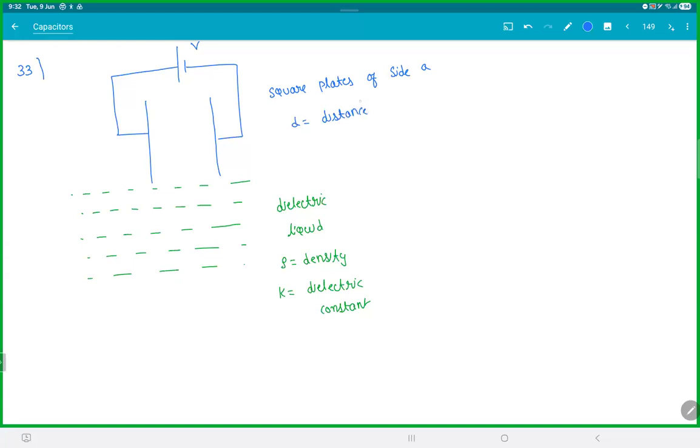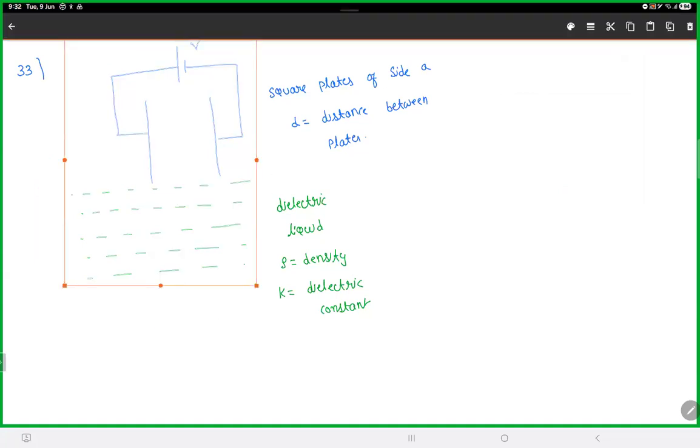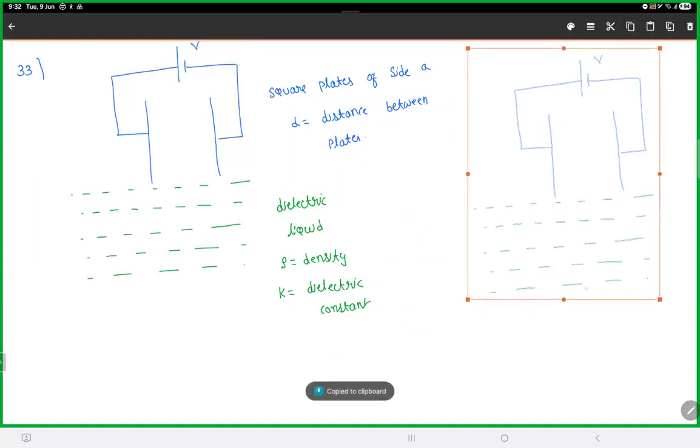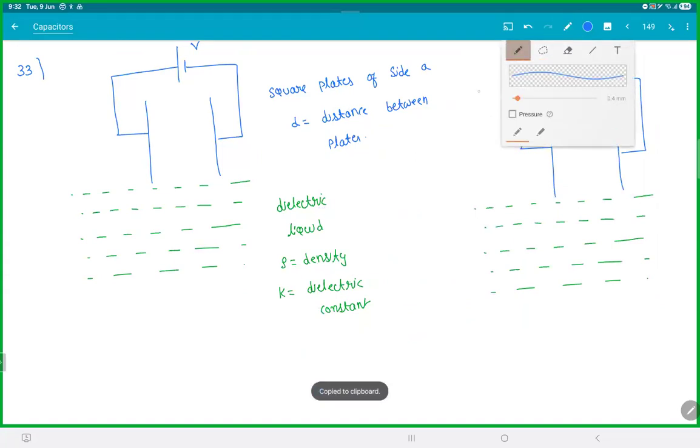Now what happens? The capacitor plates will think the liquid is the dielectric slab. So you will get some force on the dielectric slab and the liquid will actually start rising. The liquid starts rising between the plates.